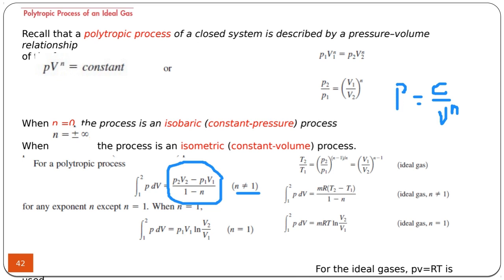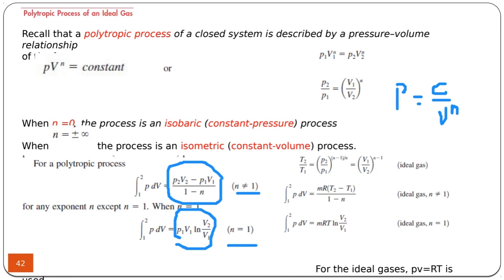If n is 1, the work done becomes this one. So these are the two limiting cases: n equals 1, and n different from 1, in which you will be calculating work using this, or for the case of n equal 1, you get this.